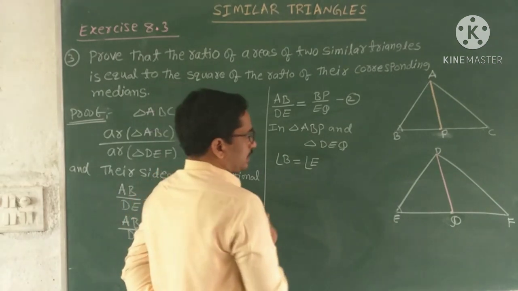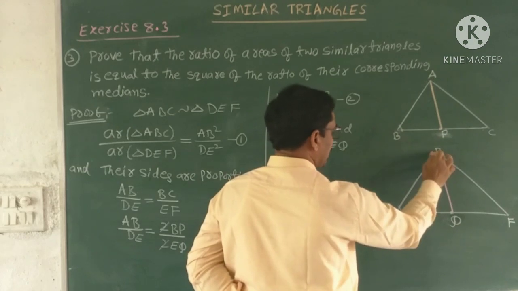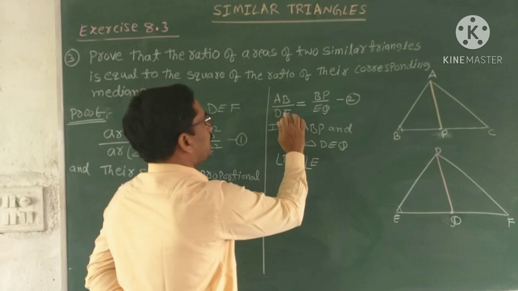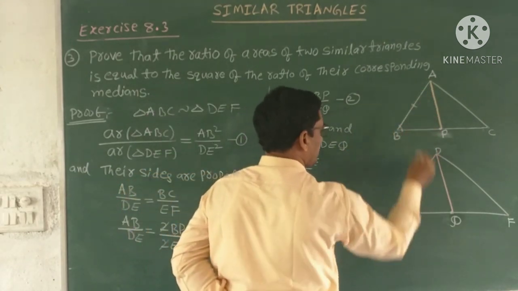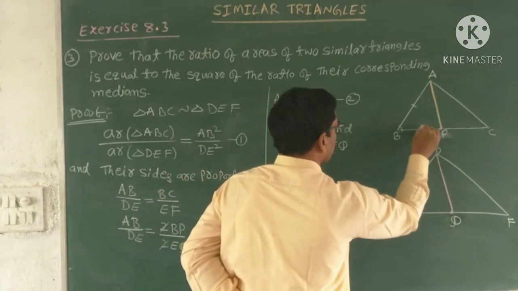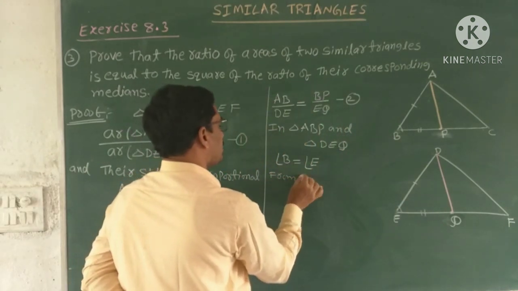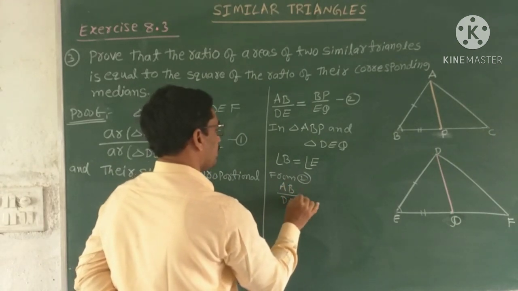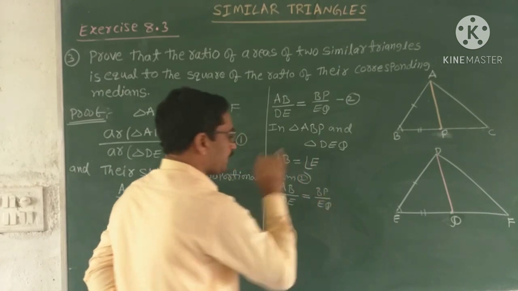And next, see the sides, the ratio AB by BP and here DE by EQ. See here from equation 2, AB by DE equal to BP by EQ. From equation 2, AB by DE is equal to BP by EQ.